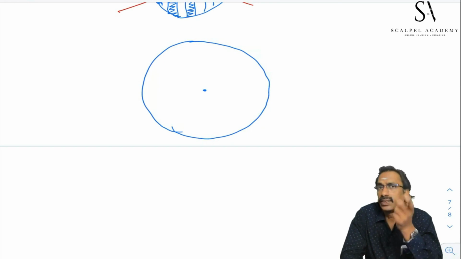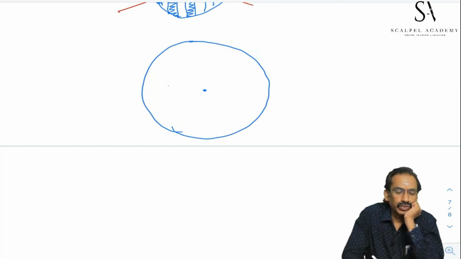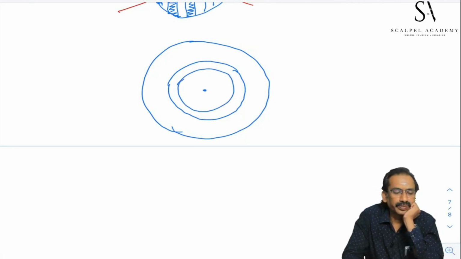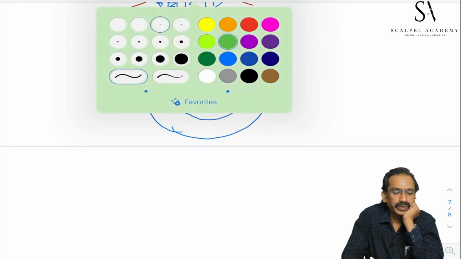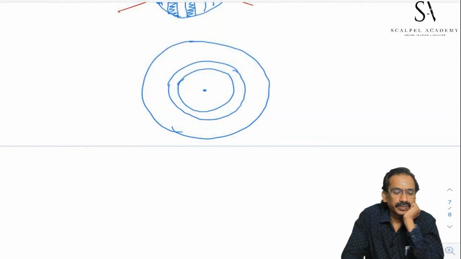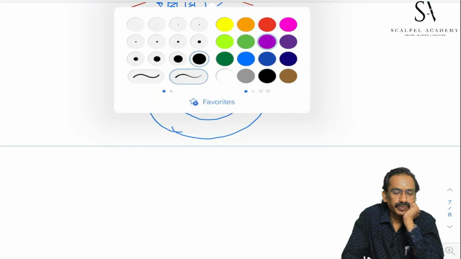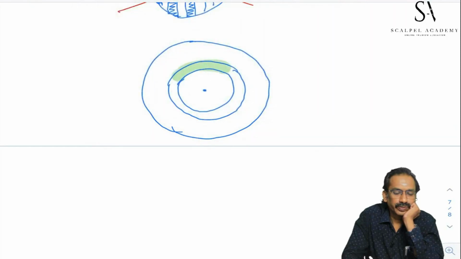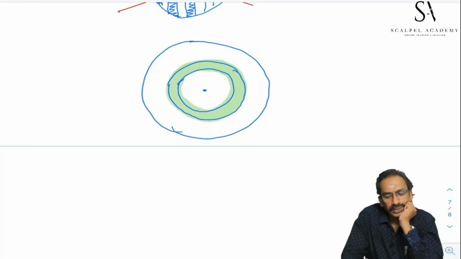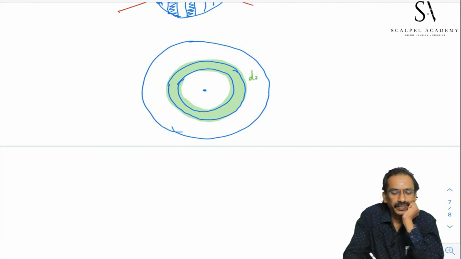Among that, I am going to consider one of the elements of radius x and thickness dx. Look at this circular element of thickness dx and radius x.